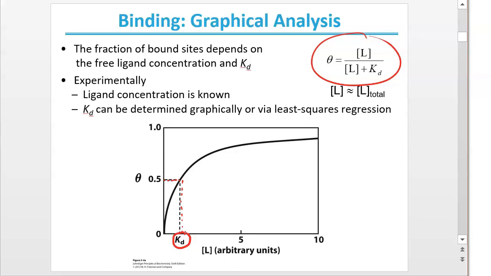If that binding is more loose or less favorable, then your curve will be shallower and the concentration of ligand that is required will be much larger. Conversely, if the binding is tighter or very favorable, then this curve will be steeper.